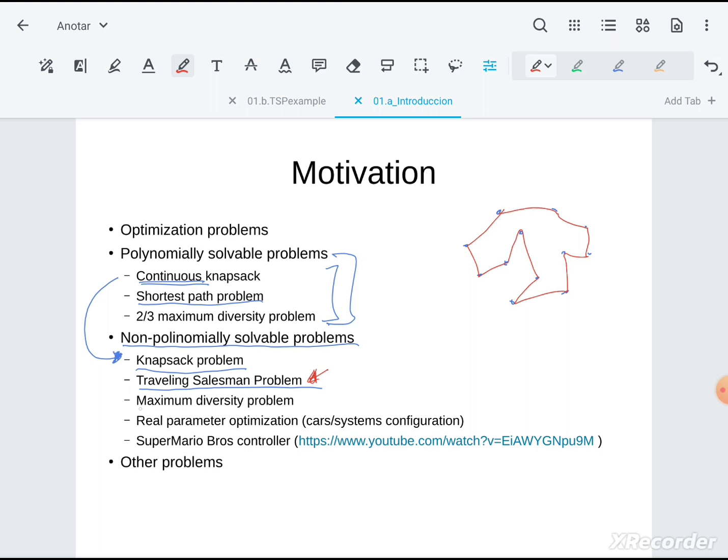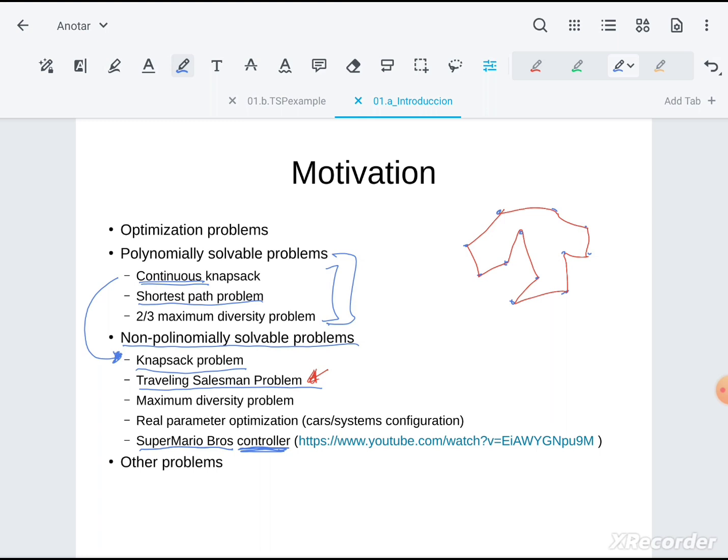There are other problems, the maximum diversity problem, real parameter optimization. For instance, perhaps you are interested in designing a controller for an agent. This agent could be Super Mario Bros, or a rocket which has to land on a platform, or perhaps a plane which has to fly from one airport to another airport.